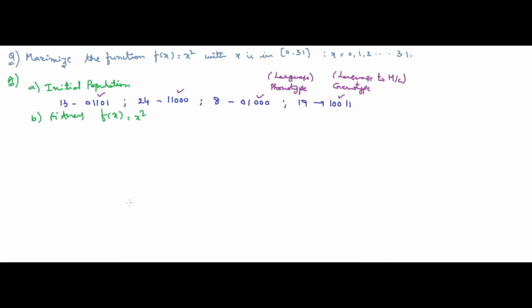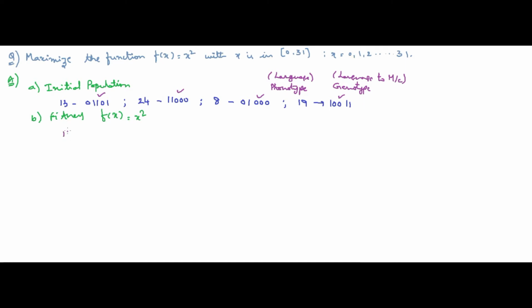That is the difference. The initial population is taken in the form of genotype only. For fitness calculation, first we need to convert the genotype into phenotype, and later evaluate the fitness.